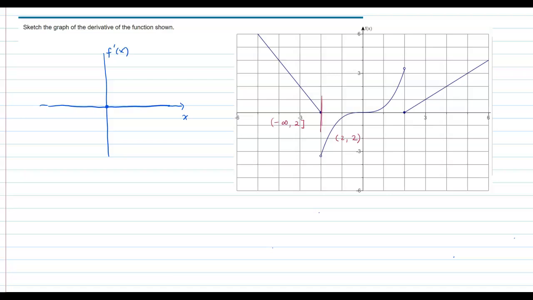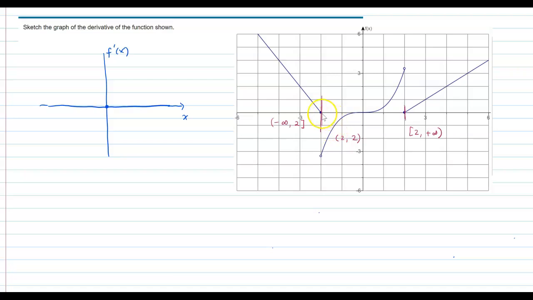And then here, starting at this point, that is 2 to positive infinity. So we're also going to divide our graph for the derivative at these points.